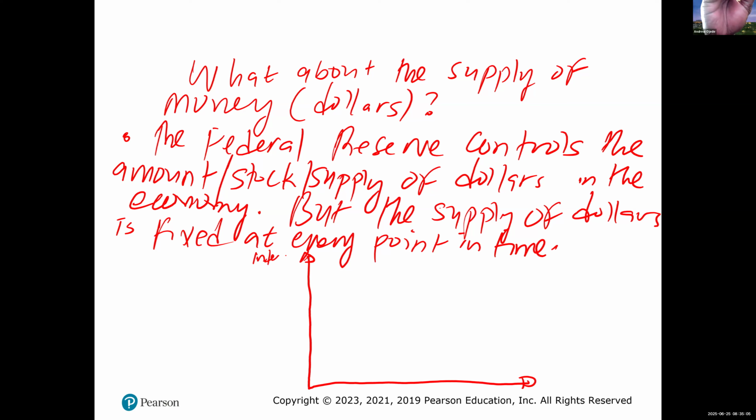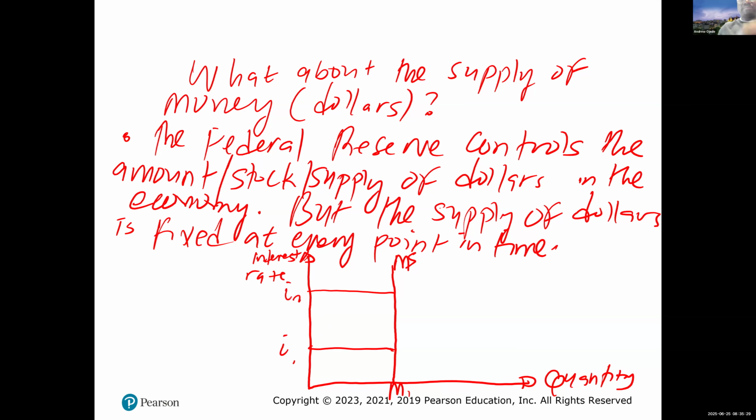So if this is your interest rate on this axis, and this is your quantity of money, now we're talking about the supply side, the money supply curve is going to be fixed. It's this vertical line. Meaning that if interest rates are low, money supply is going to be the same. If interest rates rise, it's the same.